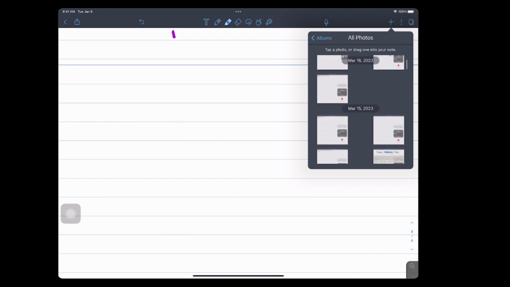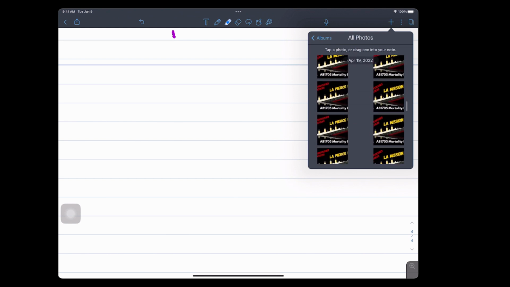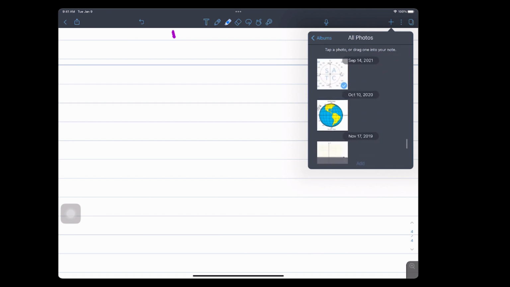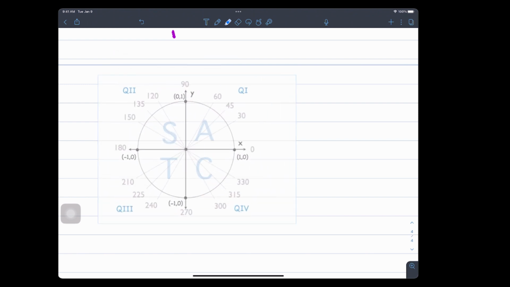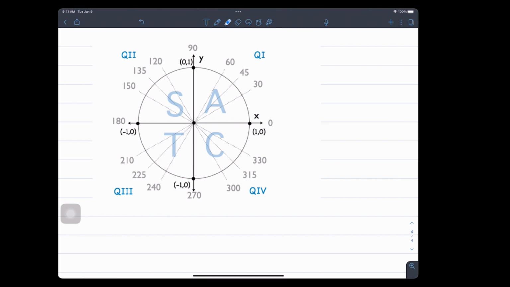Let's add a picture. Focus now on quadrant what? 4. What do you guys know about angles in quadrant 4, by the way?